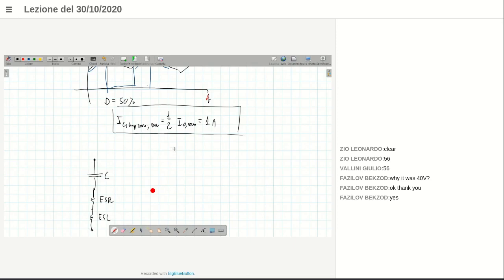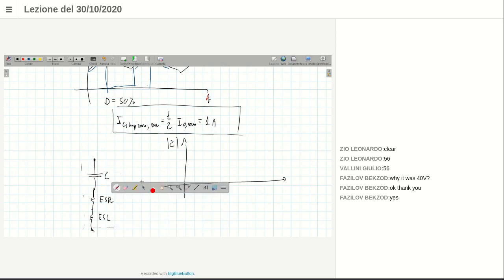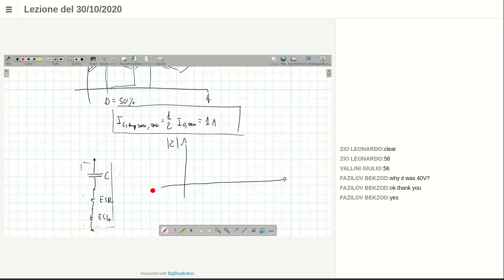If we look at the Bode plot of the magnitude of the impedance of this capacitor, at low frequency it behaves as a capacitor. So we have an impedance that decreases with frequency with a slope of minus 20 dB per decade.